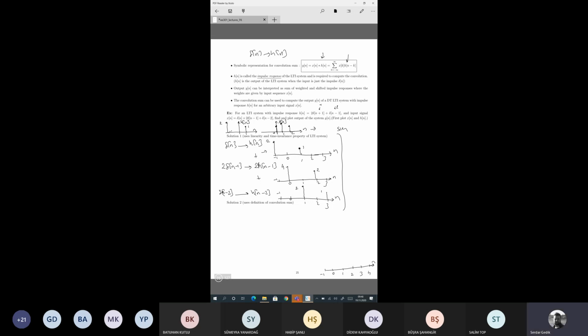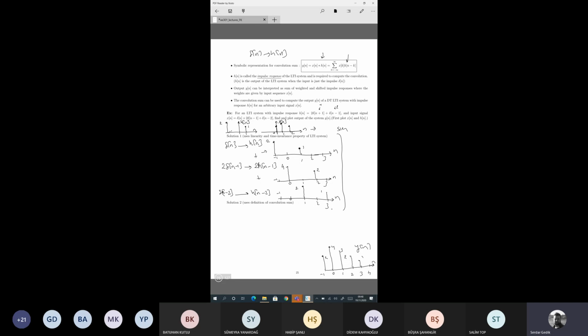So my y of n is, I have 2 at minus 1. I have 4 at 0. It is 3 at 1. It's 2 at 2. And finally, it is 1 at 3. So this is my y of n.